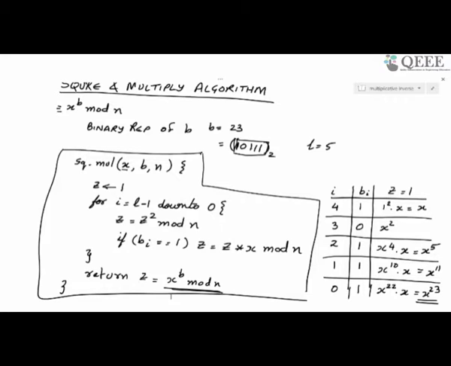In practice, however, I think there are still more complexities involved in actually implementing this particular algorithm, essentially because each of these values of x, b and n, as I mentioned, are very large.